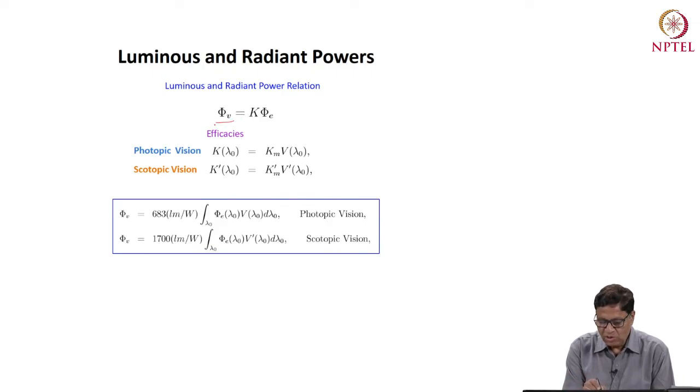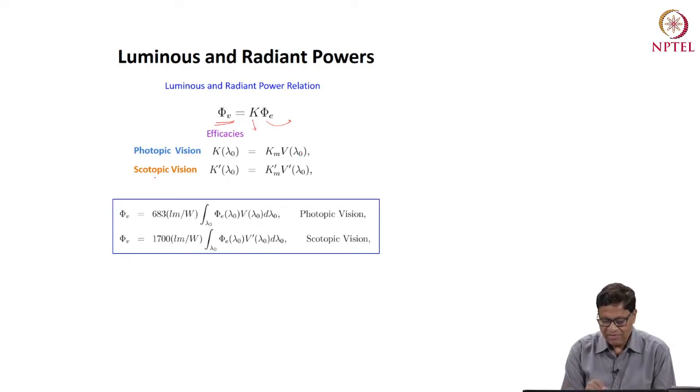You have luminous power as phi V. V stands for visual. This is some constant, and this is the radiometric radiant power, which is phi E. If you have the photopic vision, then this constant is Km into V lambda.